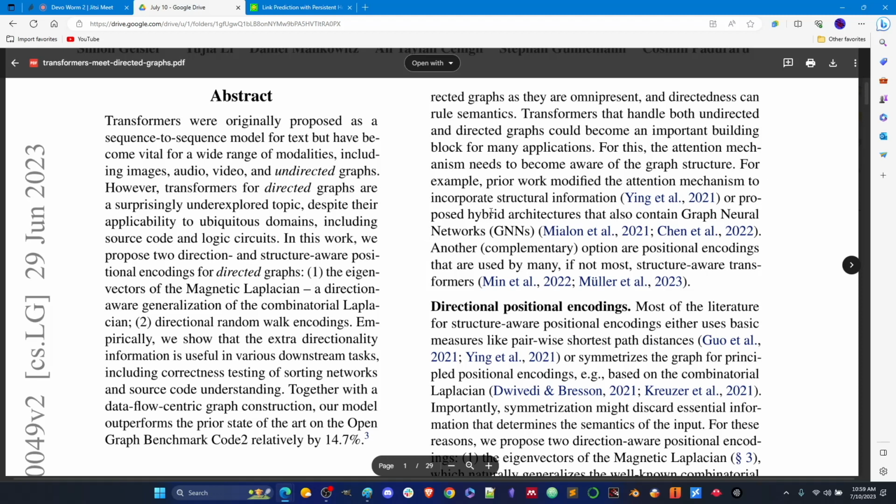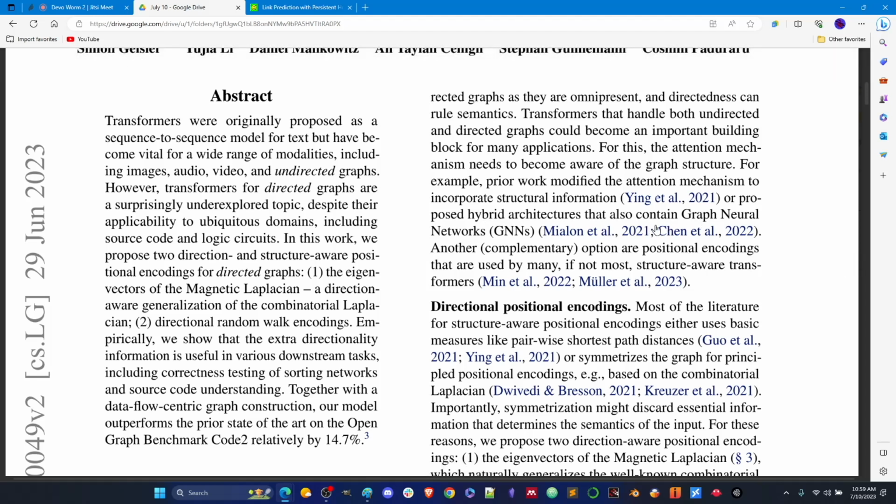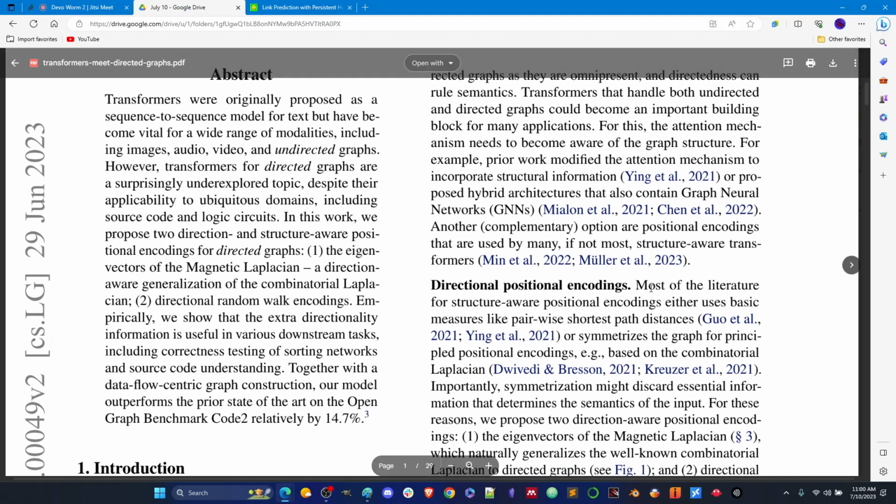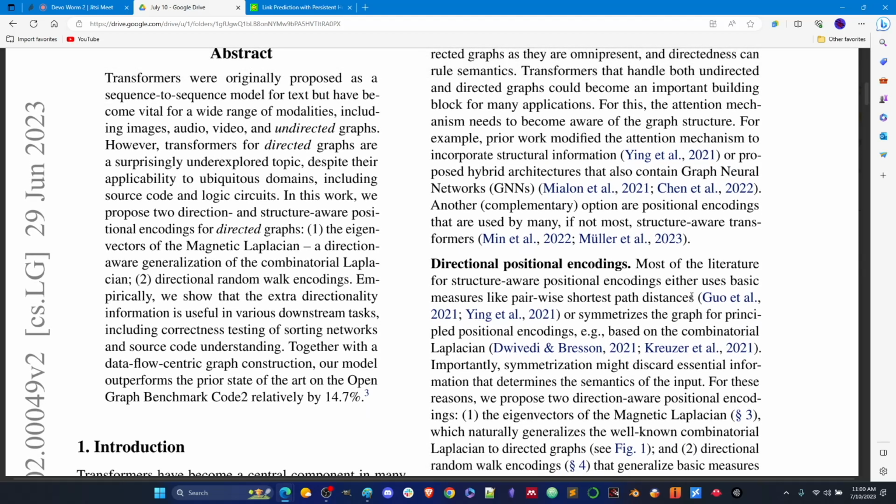Or proposed hybrid architectures that also contain graph neural networks. And so this is where the attention mechanism in the transformer works, instead of on visual features, on some of these aspects of graph structure. So this is the way we're going to go forward in this paper.